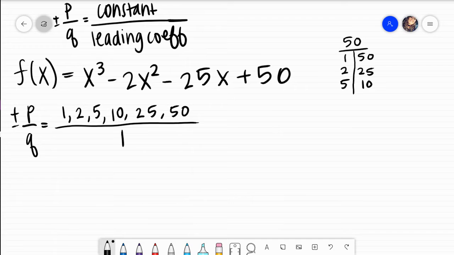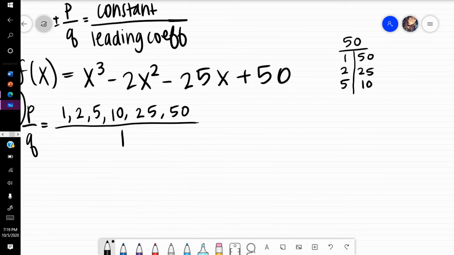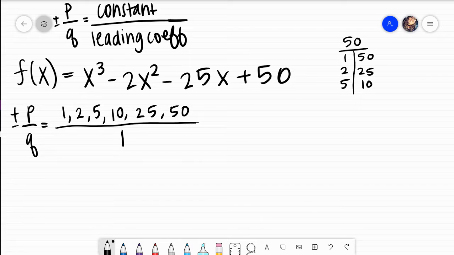Still not done yet because for my p over q, I'm actually going to consider both the positive and the negative. That's why I have that right there. And so what I'm going to do is list these out, taking into consideration that each of them is going to be written as positive and each of them is going to be written as negative.